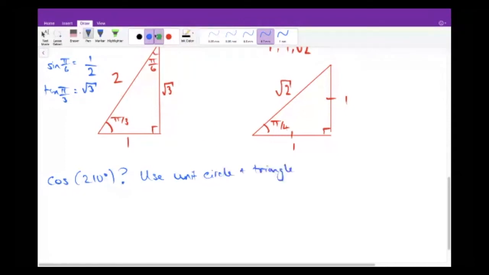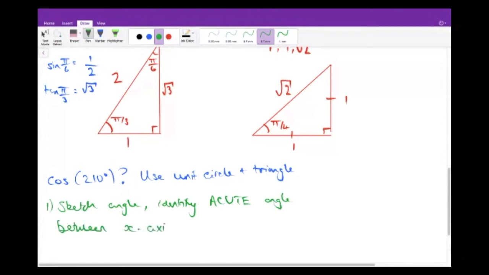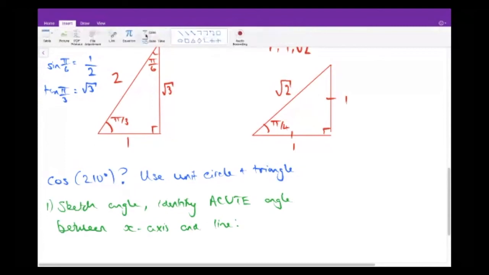Okay, so the first thing we're going to do is we're going to sketch the angle on the unit circle. And once we've done that, we'll identify the acute angle between the x-axis and the line I've drawn. So if you look to the right of this thing, I'm going to draw another unit circle.